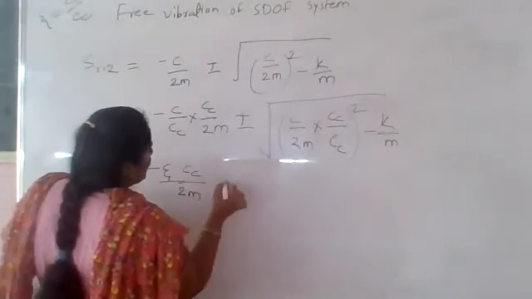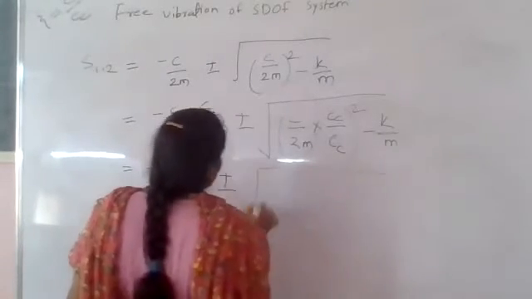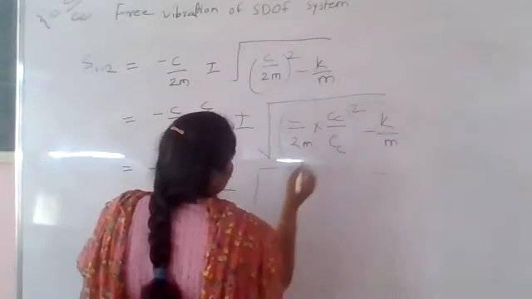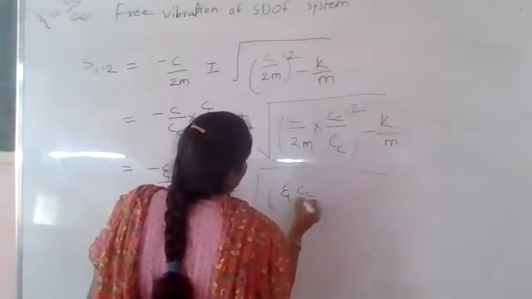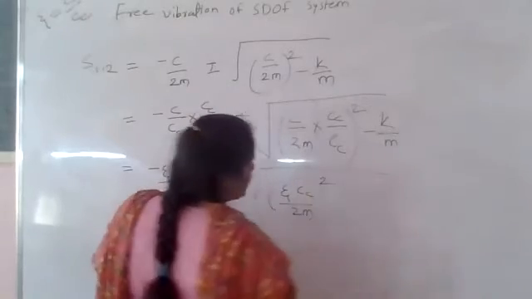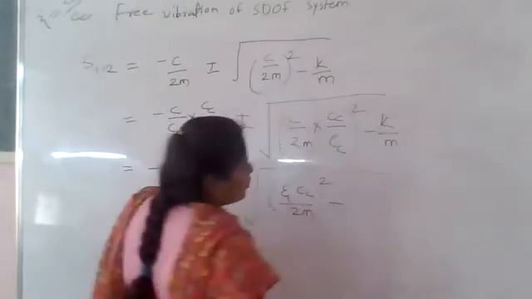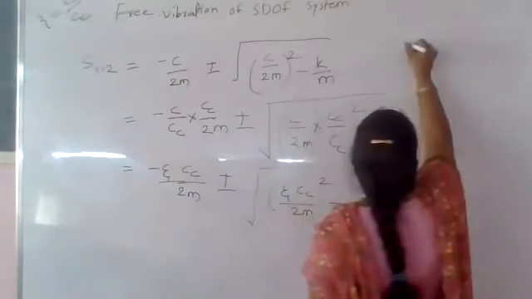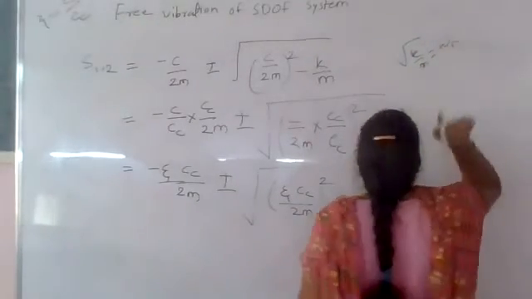You can see plus or minus in the root of this equation. What is remaining? C by Cc will become zeta, so zeta into Cc divided by twice M, bracket squared, minus root of K by M. Already we know root of K by M is equal to omega n.